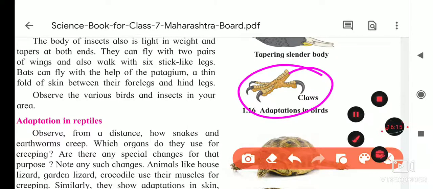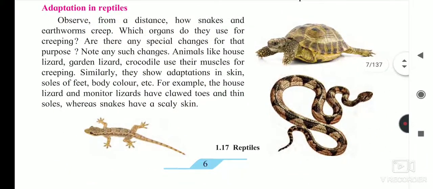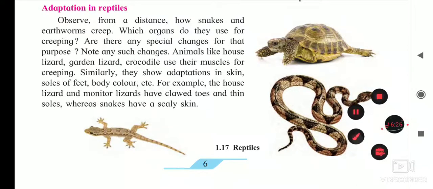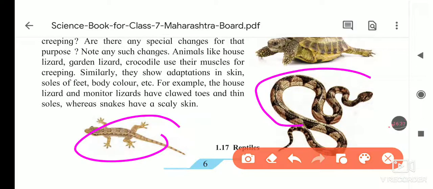The claws are there to hold the bark or the plant part properly, okay. After that, the reptile body: we see it in the movement of these animals also. The reptile body is specially developed for crawling, and their color mostly matches the environment.